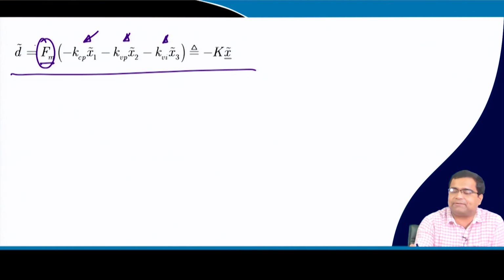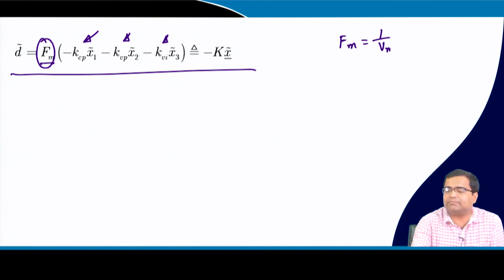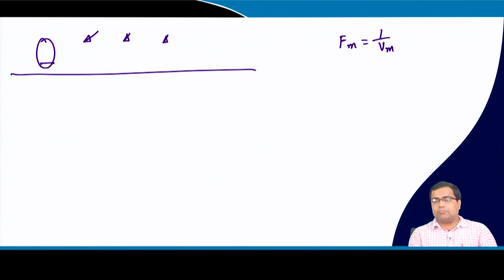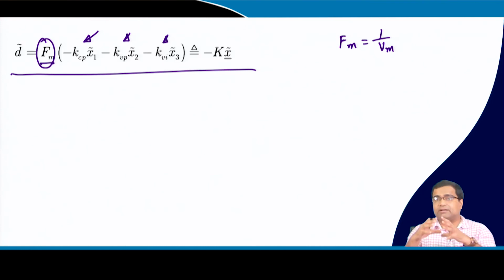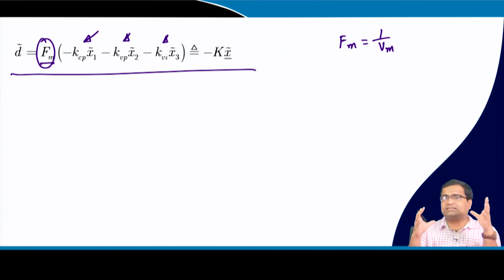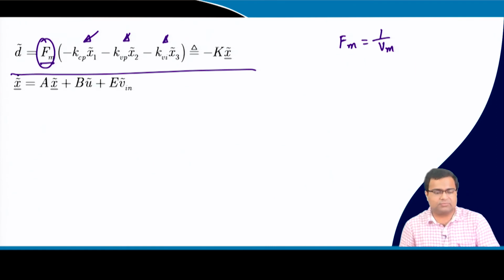And what is my Fm? I can simply take 1 by Vm, that means I can use a PWM modulator. If you use state feedback control, the whole error will go; if you go to lecture number 18, we have discussed in detail the implementation of state space and state feedback control. So the modulator gain is 1 by Vm, because we will consider a ramp, okay.